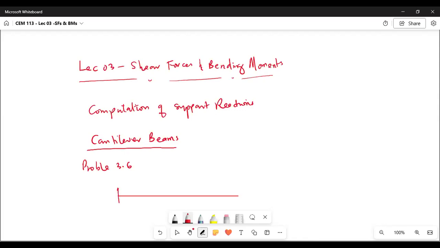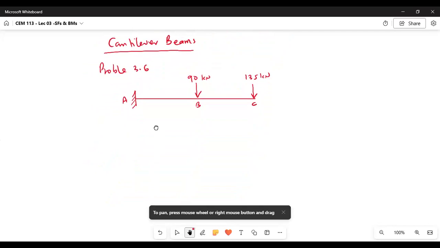So this is problem 3.6. This one is 90 kilonewton, 135 kilonewton. This is A, B, C. So this is essentially the given question.